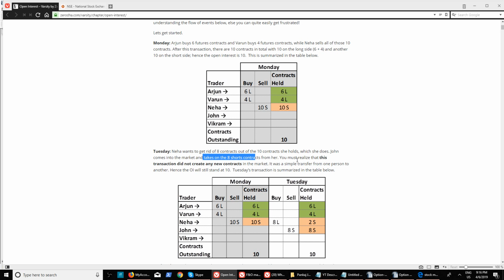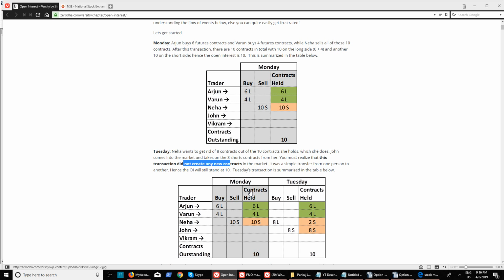Now you should realize that this transaction did not create any new contracts. The person who wants to get rid of these contracts already has these contracts, so this was already counted in the previous transaction. It will not be counted as a gain.